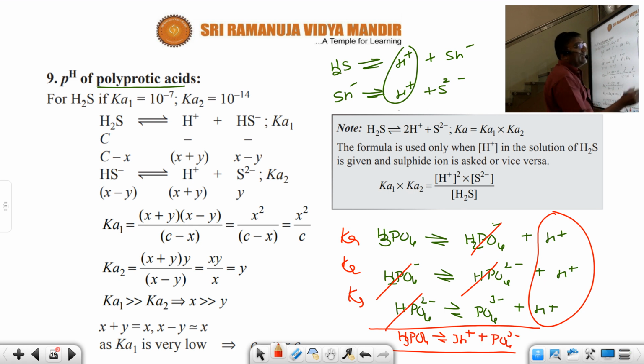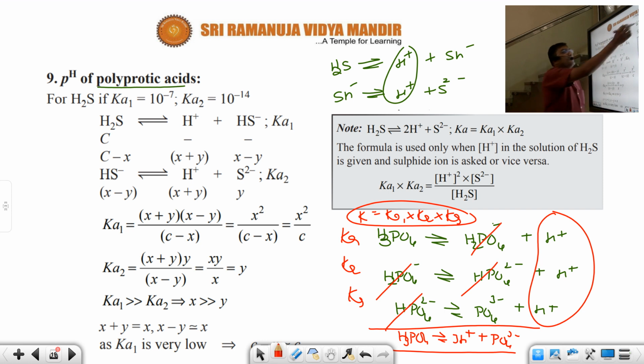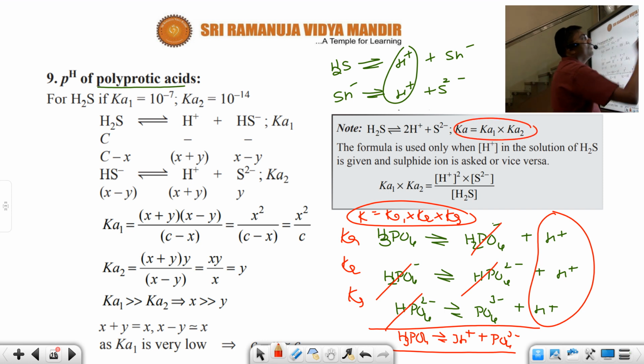That is why K is equal to Ka1 into Ka2 into Ka3. Hope you are clear. In the case where only two dissociations are there, K is equal to Ka1 into Ka2. So this is how you do it.